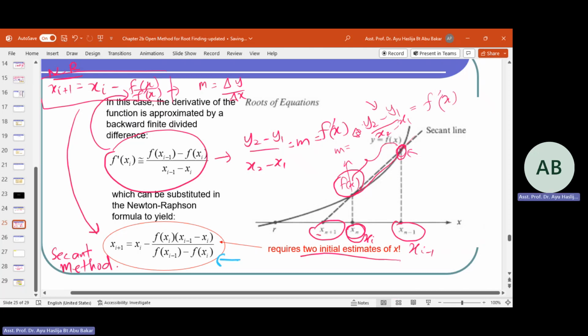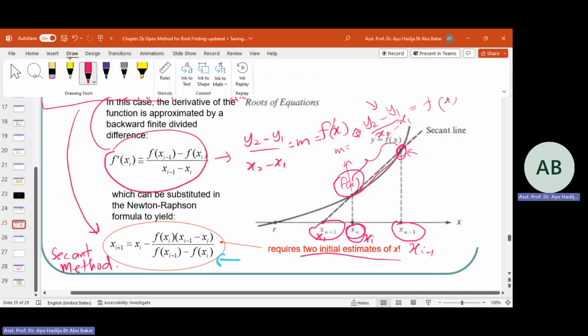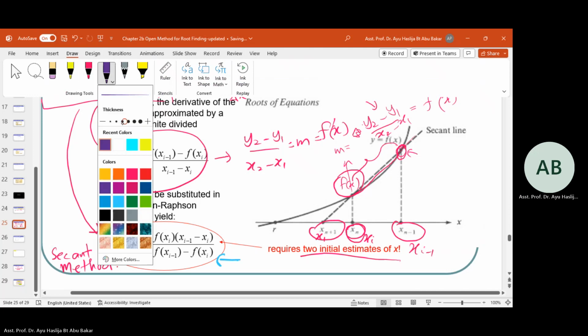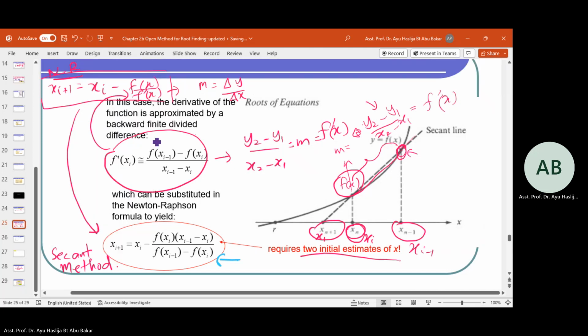So you will get x1 over here. Now, how to find x2? Now you obtain the x1 from the two starting points over here. Again, why do you need 2? Because you need to find the slope, the gradient. Then it will direct to your x1.